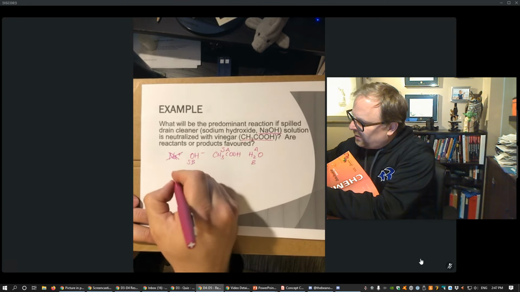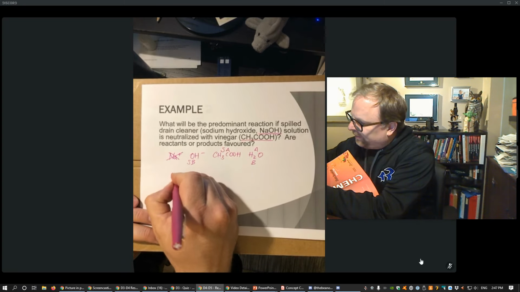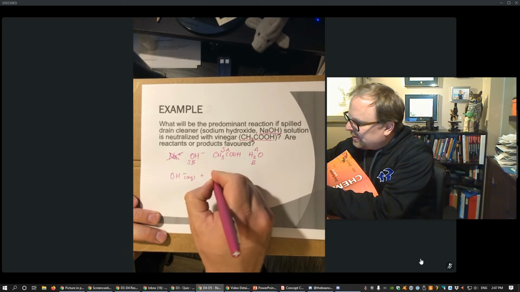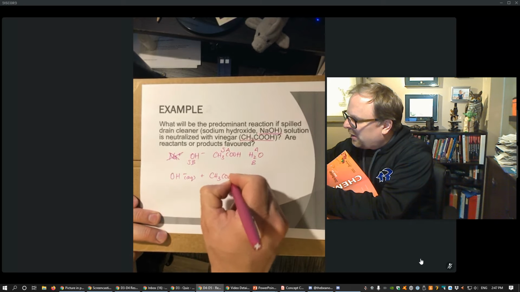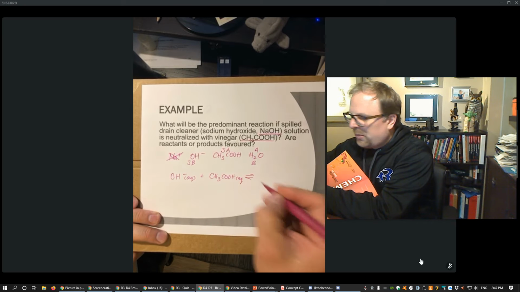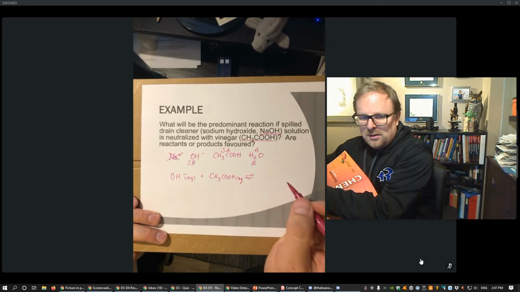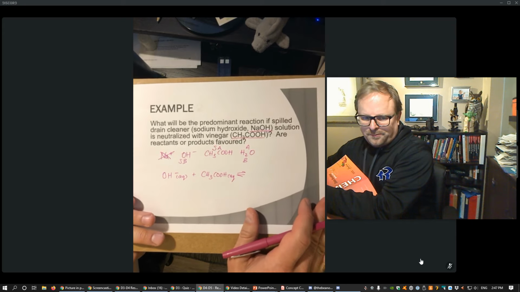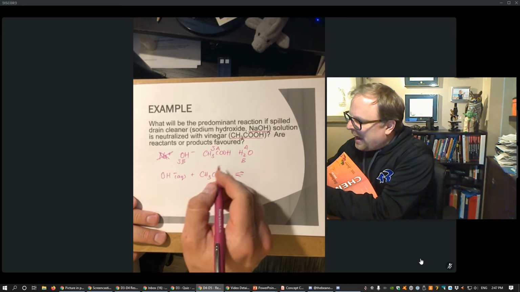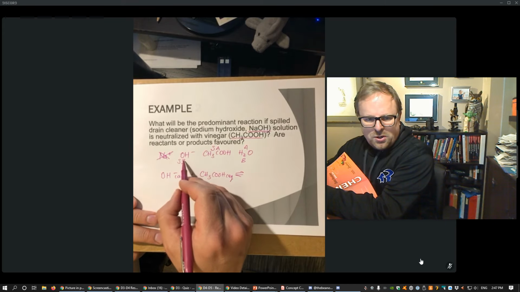Then we're going to construct our BLBR. So it is our hydroxide ions reacting with our acetic acid. It's going to establish an equilibrium, and we'll deal with that in just a second. Remember, your strongest acid donates a proton to your strongest base.